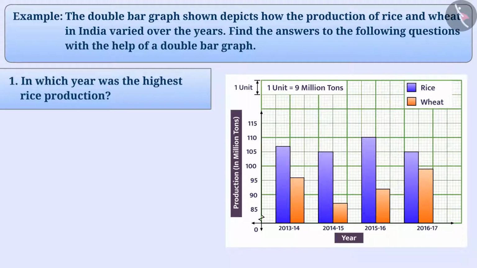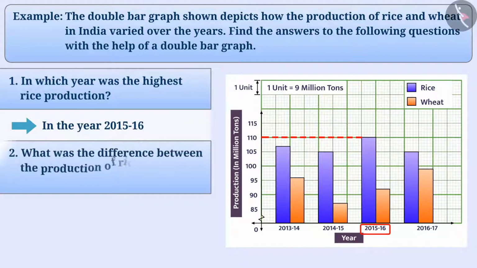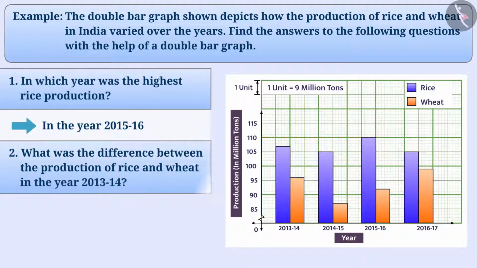The longest length blue bar is for the year 2015-2016. We can say that the maximum production of rice was done in the year 2015-2016. What was the difference between the production of rice and wheat in the year 2013-2014?